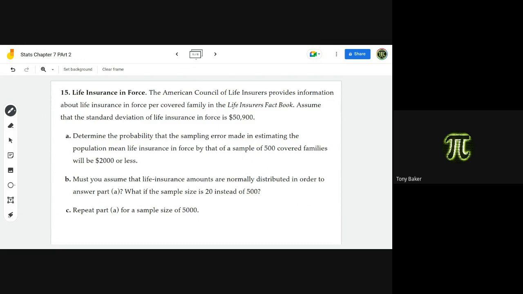Your chapter 7 problems are going to probably look pretty similar to what I was just going through, because these are ones from the end of chapter 7. The goal is to get you to start synthesizing it all, putting it all together, figuring out how to use it. Chapter 8 and chapter 9 become a little more of that. We get a little more involved in how it's actually used.